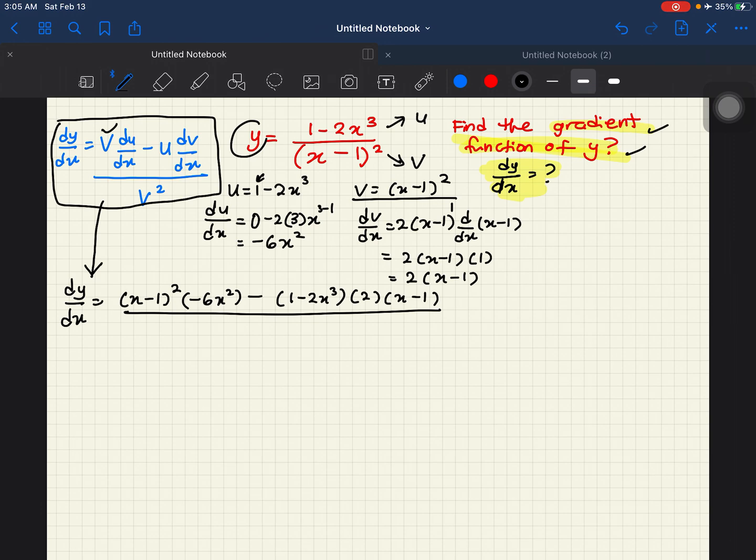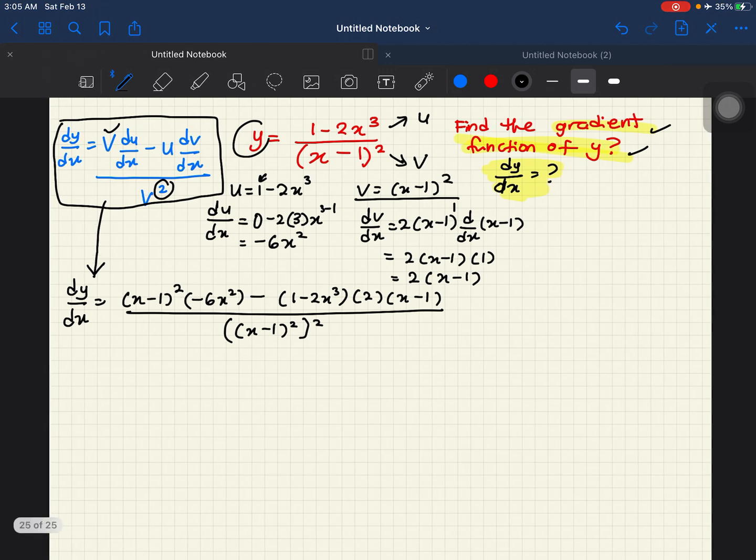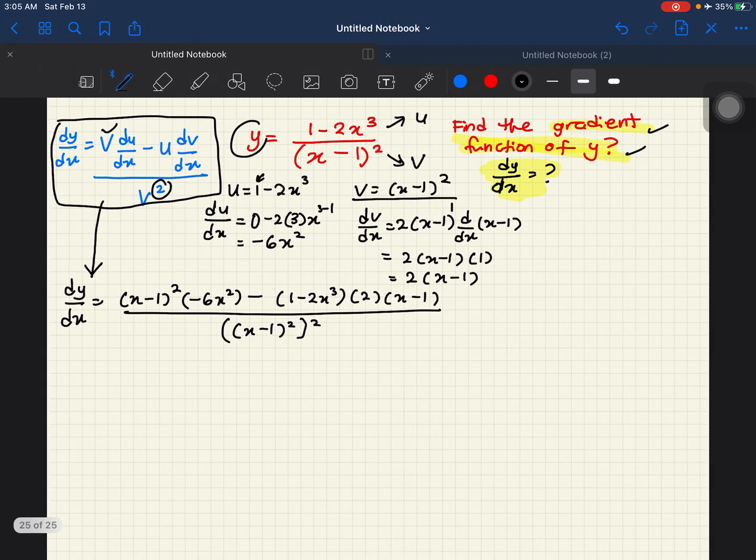So, this is our v, right? V is x minus 1 power of 2 because the quotient rule got another 2, so you have to square it with another 2. Okay, so let's do this. Okay, can we just expand this? No, not yet. Okay, so recognize first what's the similarity between the first group and the second group. Find the similarity.